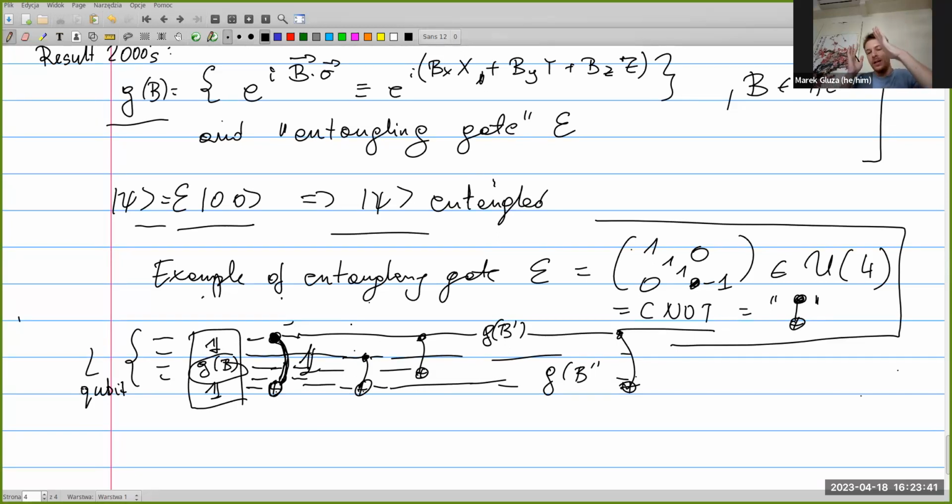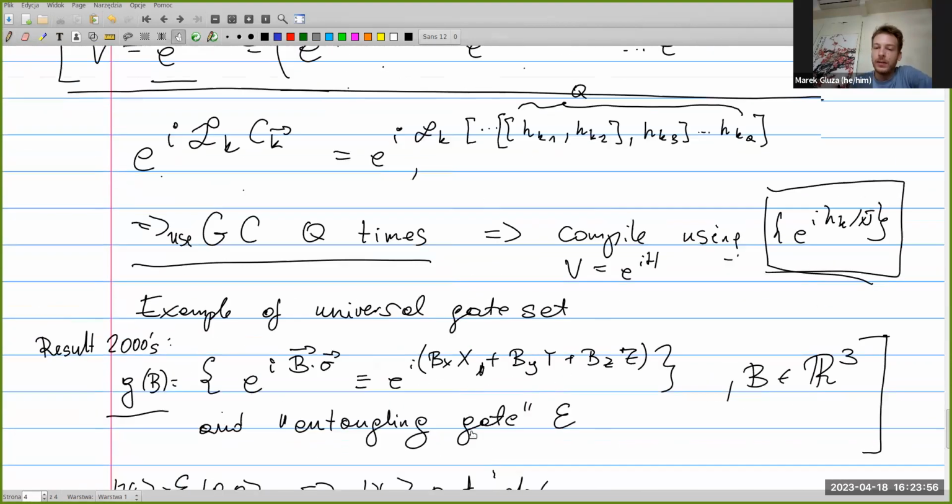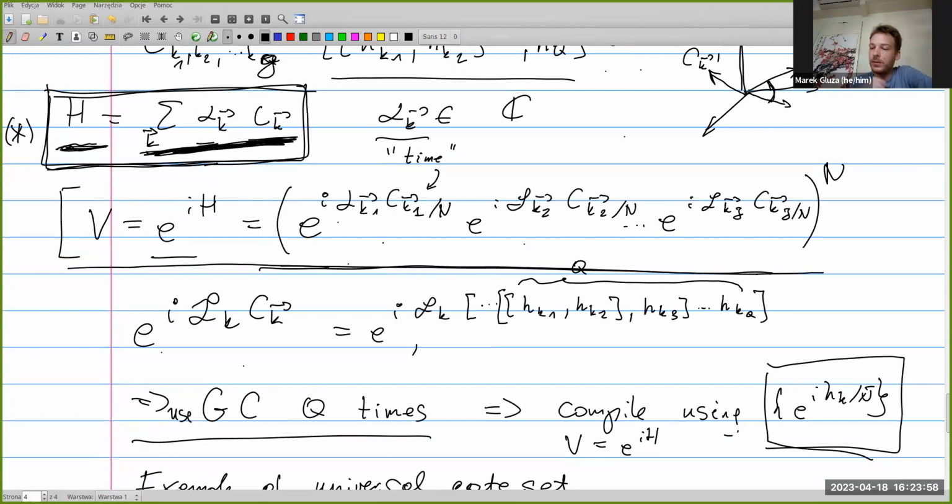It's just adding a dimension. Once you have the dimension, you're in the game. The problem is that it will not be a very efficient or practical operation, and it will be hard to compile because I would have to make many of those operations. So that's the story of universality.